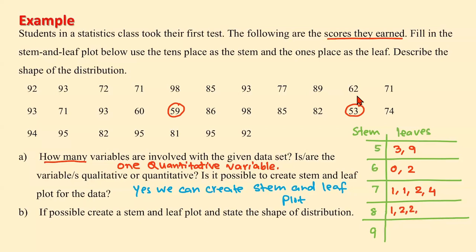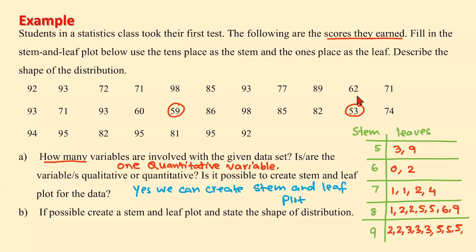Then you have 85, 85, 85. And then 86, 89. Similarly, let's do the last one. There are 92, 92, 92. Then 93, 93, 93, 93. There are 95, 95, 95, 95. I don't have room.